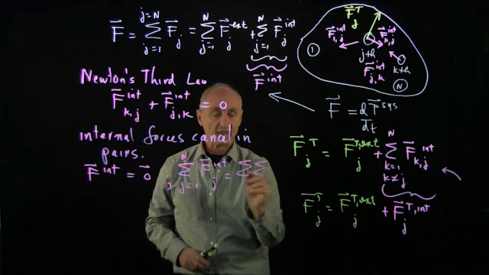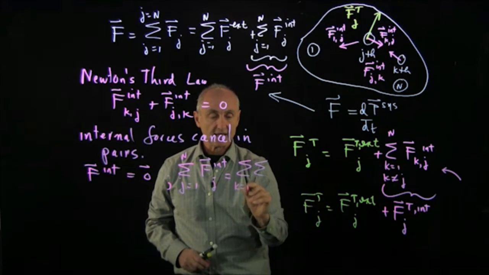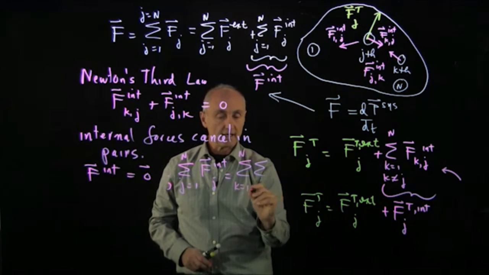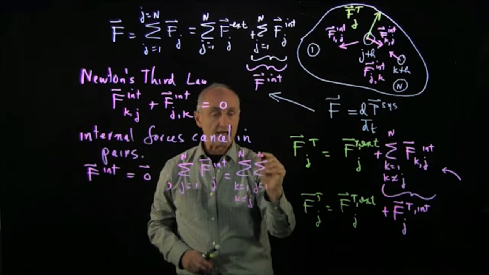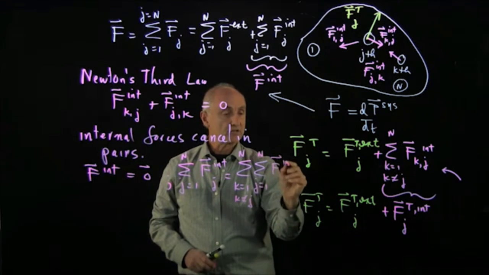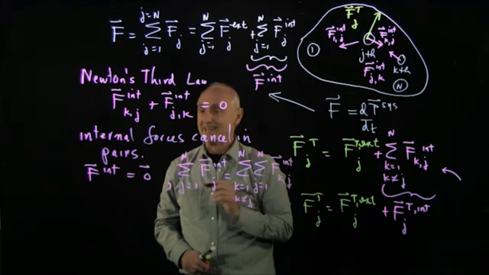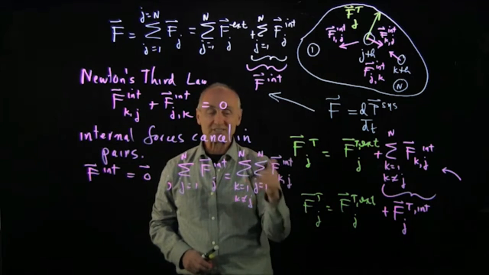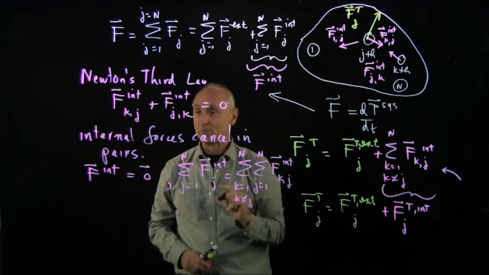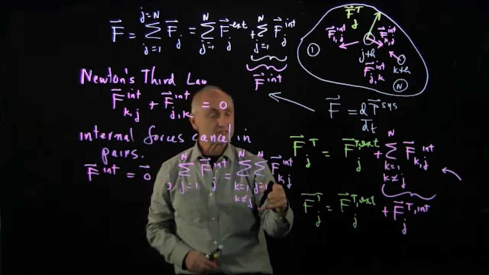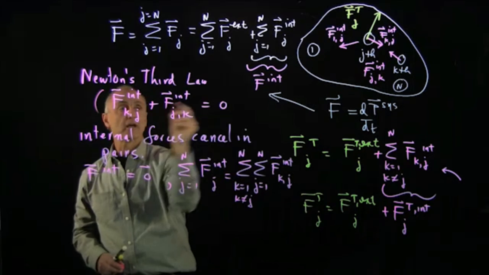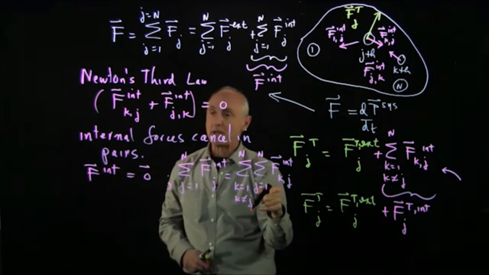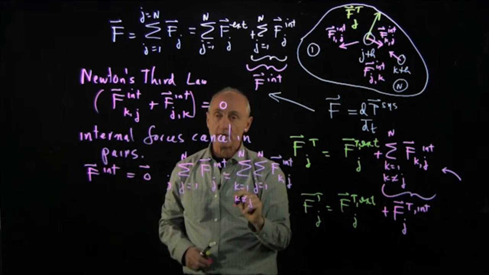This is where things get a little bit messy. k goes from 1 to n, k not equal to j, j goes from 1 to n, F internal kj. This looks terribly messy. But what we're saying is this sum is just a sum of pairs. And every single pair in this sum adds to 0.